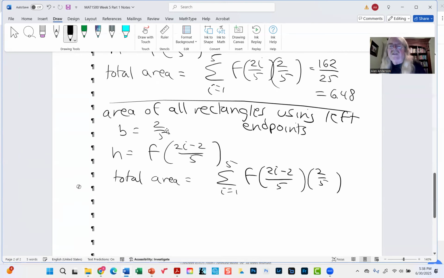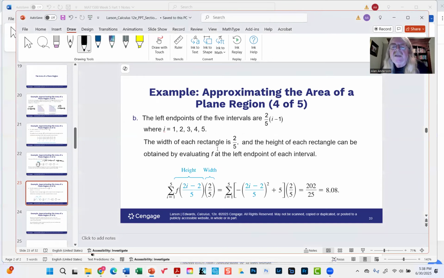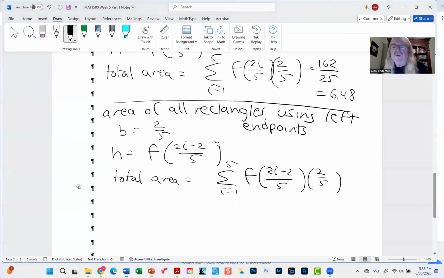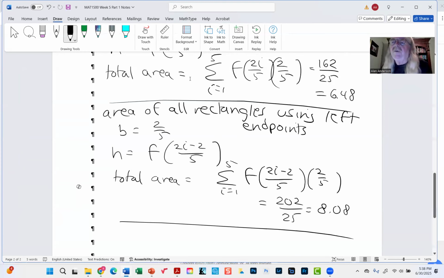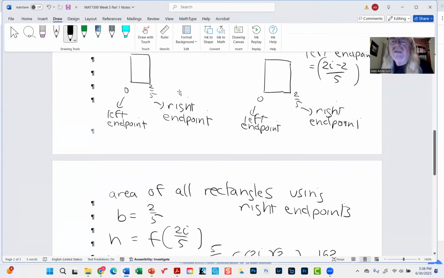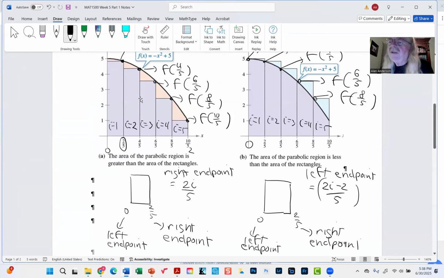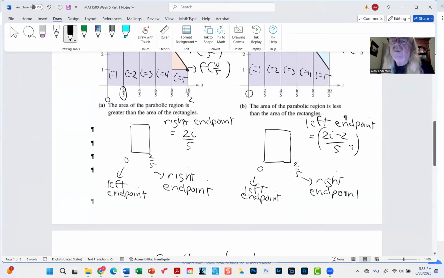And they will tell us that that adds up to 8.08, which is 202 over 25. And of course, as you can plainly see, that one's too high. Well, now what do we do? If we pick the method of right endpoints, we have a number that's too small. If we pick the method of left endpoints, we have a number that's too large. Well, what can we do?